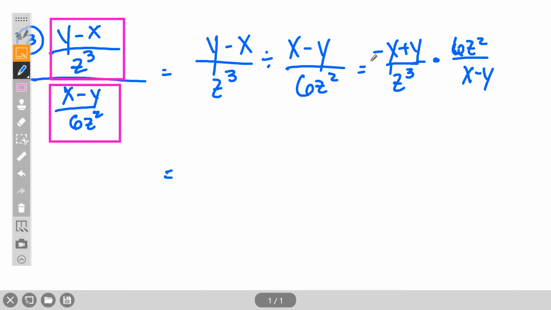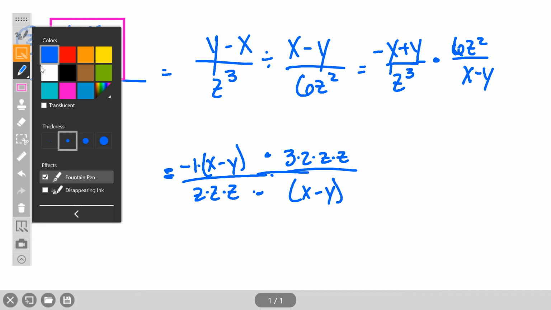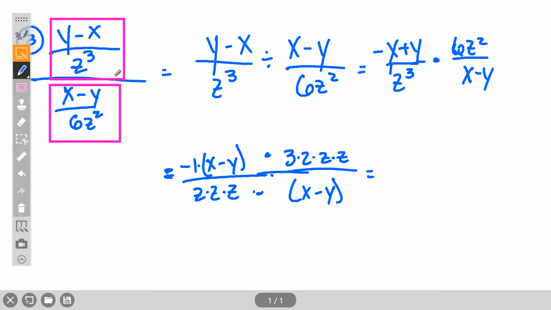Okay, so let me factor that. So you factor a negative 1 out of that, becomes x minus y over z times z times z times 6, which is 3 times 2 times z over x minus y. Okay, so I can put all of this together and start canceling.